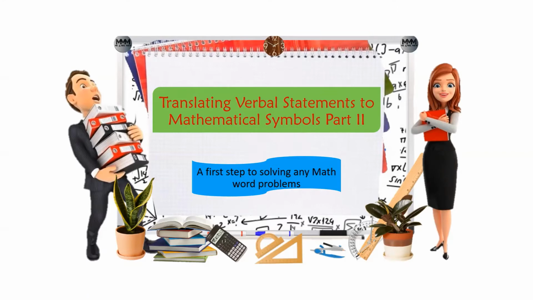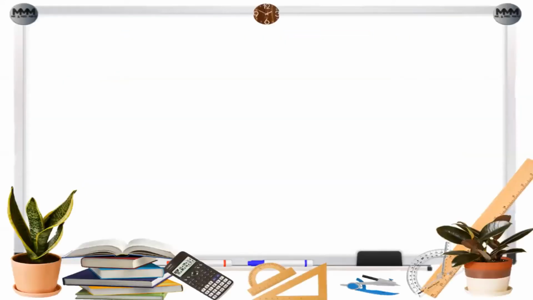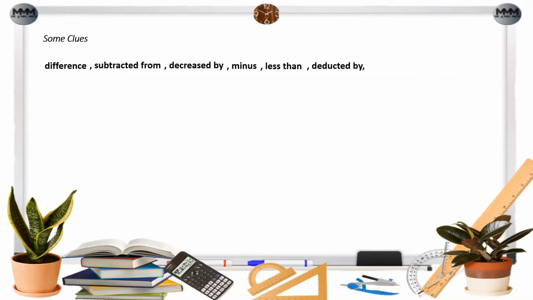The following are some clues that are very useful when translating verbal statements to mathematical symbols: difference, subtracted from, decreased by, minus, less than, deducted by, diminished by, exceed, lowered by, less, or subtract.